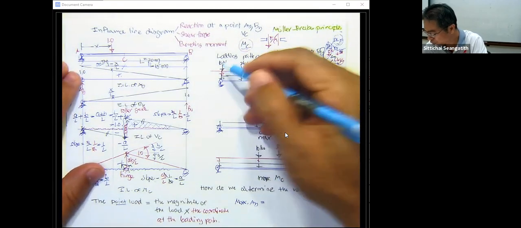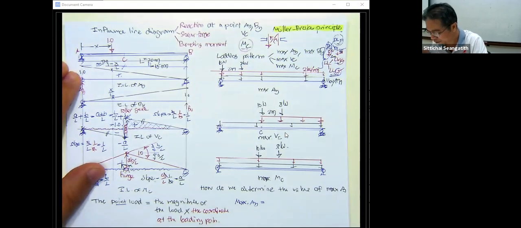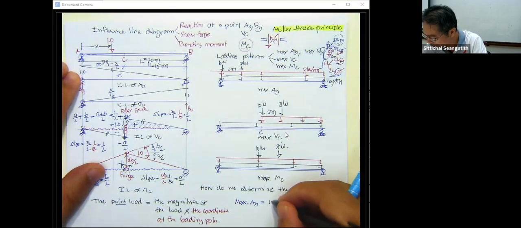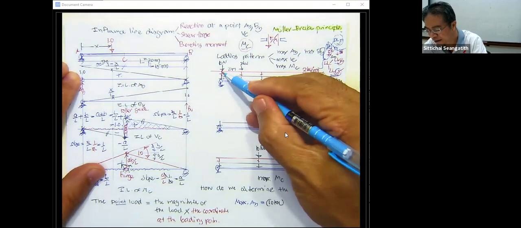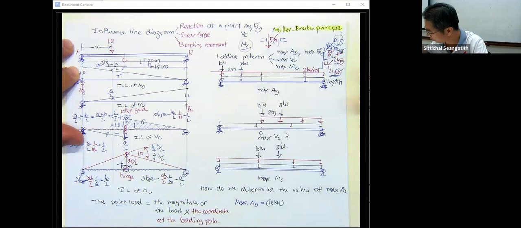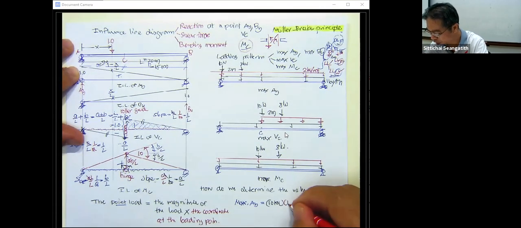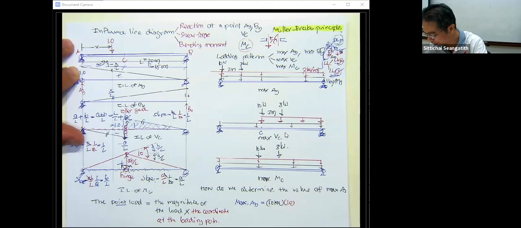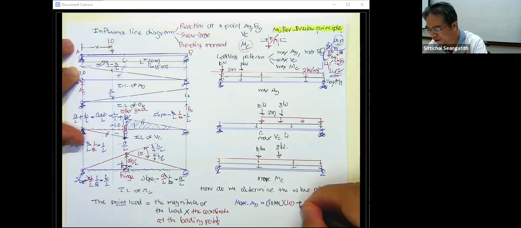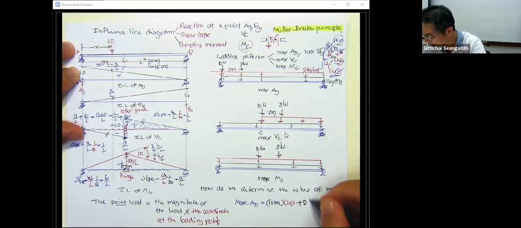So you got to be the value of the 10 kilonewton times the coordinate. This is going to be 1, so it's going to be times 1. That is the coordinate at the loading point. And then we plus this one by 8 kilonewton.